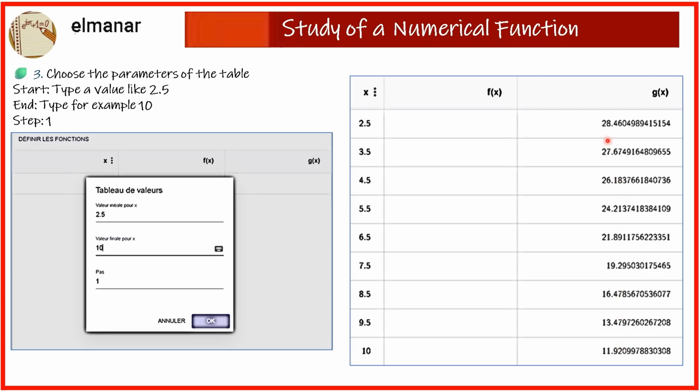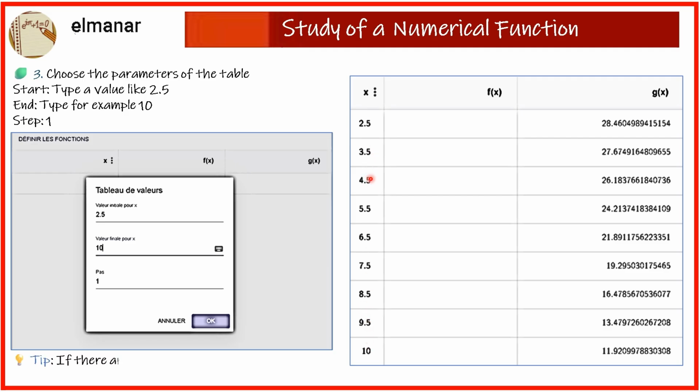A complete study would require confirming this behavior using a derivative, but here, the table already gives a helpful intuition. By examining the resulting table, we observe that g of x does not equal 0 anywhere between 2.5 and 10, which means that the solution to the equation g of x equals 0 is not located within this interval.